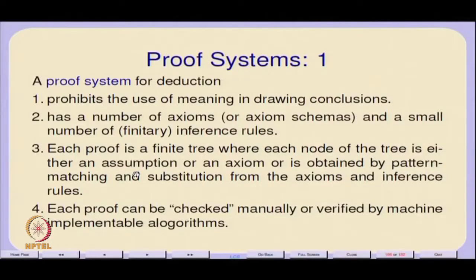So, we want proofs to be non-circular. In fact, it would be great if proofs are all trees, or at least directed acyclic graphs. So, dependencies are expressed by the proof, but in a cycle-free manner, right.